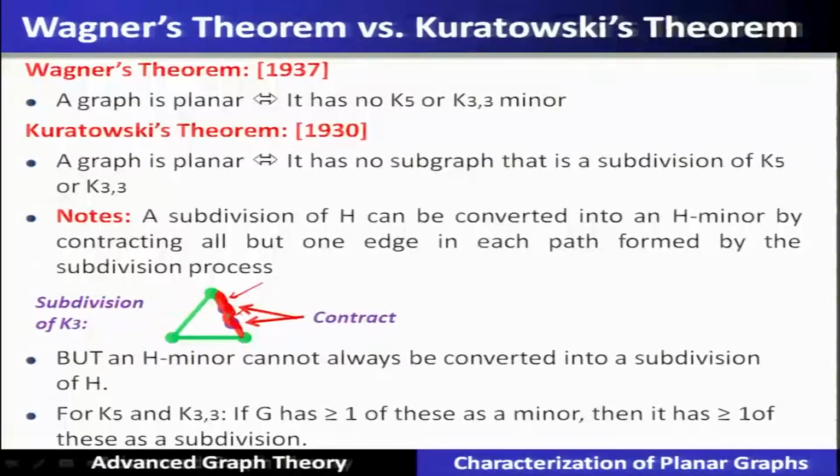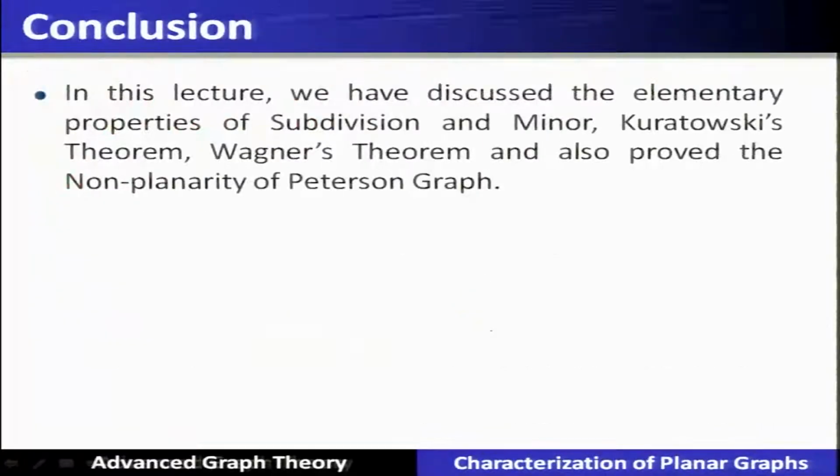So, this will become one edge between, and hence we obtain K33 as its minor. But an H minor cannot be converted into the subdivision of H. So, for K5 and K33, if G has more than one of these as minor, then it has more than one of these as the subdivision.